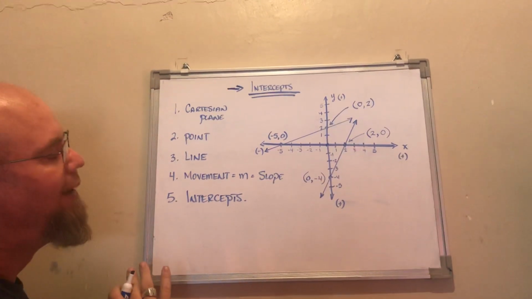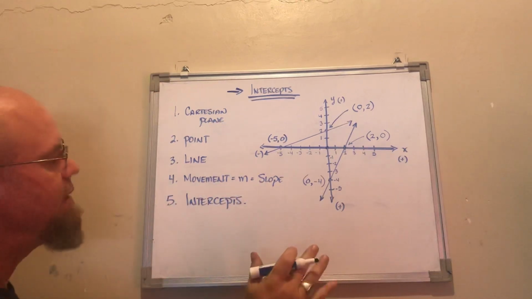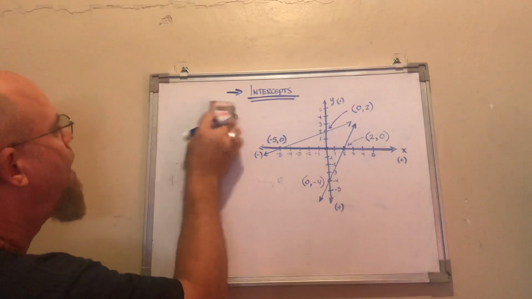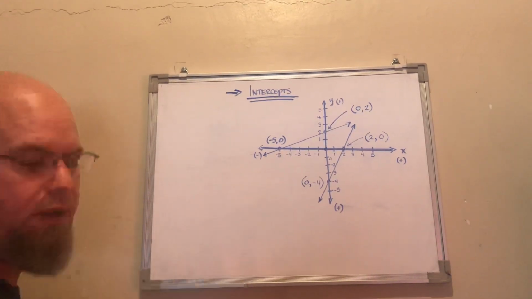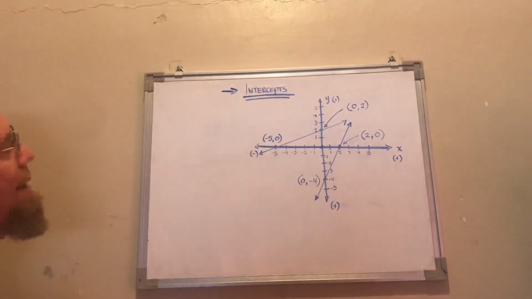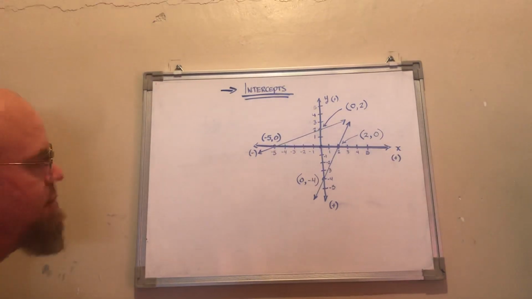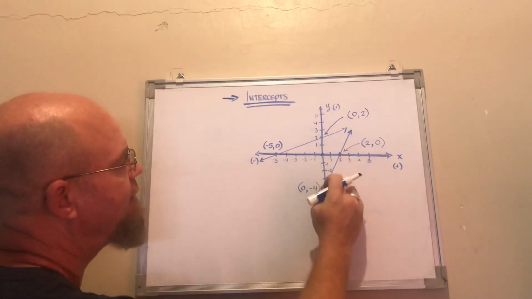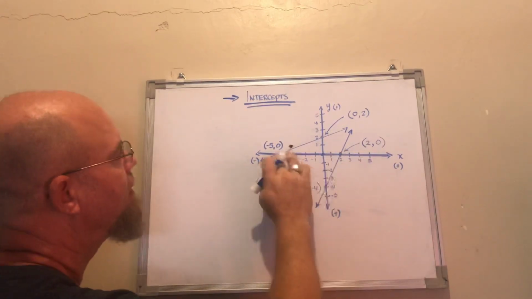So intercepts are extremely simple. You're wondering, why are we talking about intercepts? Well, in order to understand what a linear equation is, and we will get to that in a minute, we need to understand intercepts.